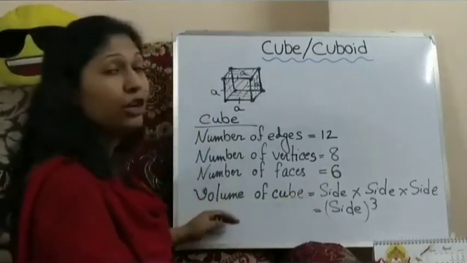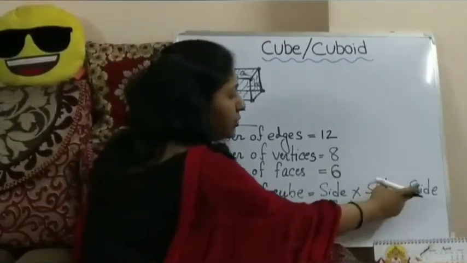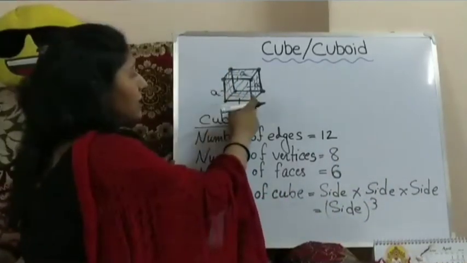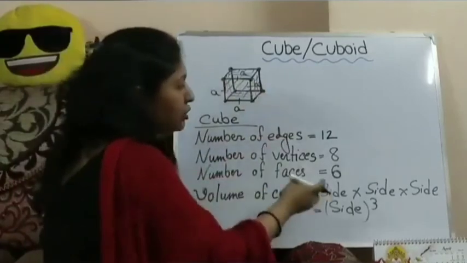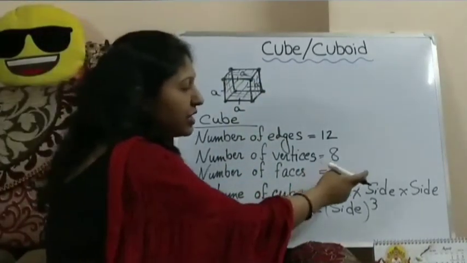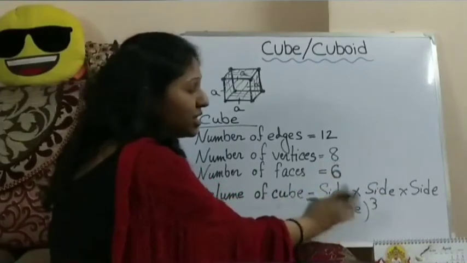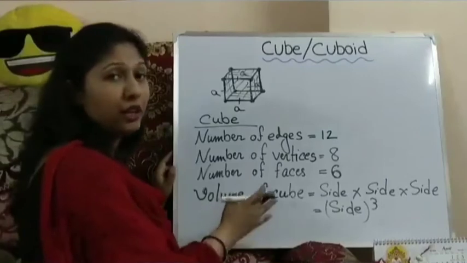So here volume of cube means side into side into side, means length into width into height. All these are same, so that's why I wrote here side into side into side means side cube. So this is the way we will get volume of a cube.